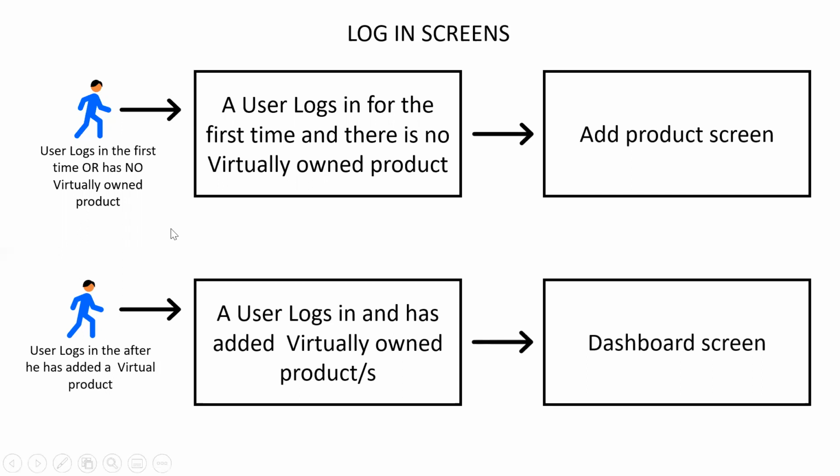So now we are going to see the second flow, which is how he goes onto the dashboard screen. So we are going to look at this flow where a user already has virtually owned products and we are going to look at the dashboard screen and what is the functionality of the dashboard screen.